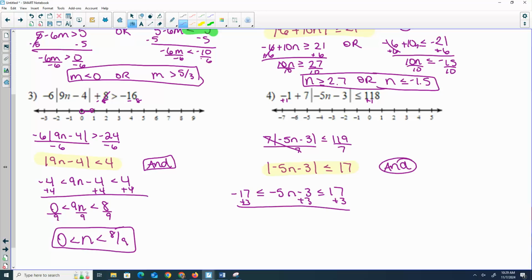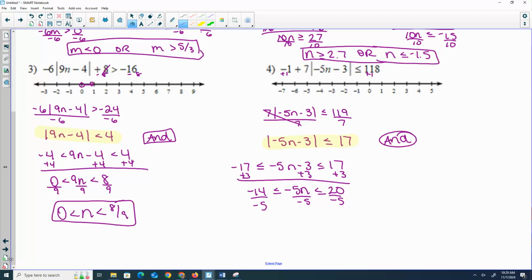So we get -14 less than or equal to... only divide by -5. Here's fine. Alright, so these don't work out perfectly, let's just do the decimals. -14 divided by -5 turns into 2.8. So 2.8 greater than or equal to n, greater than or equal to -4.